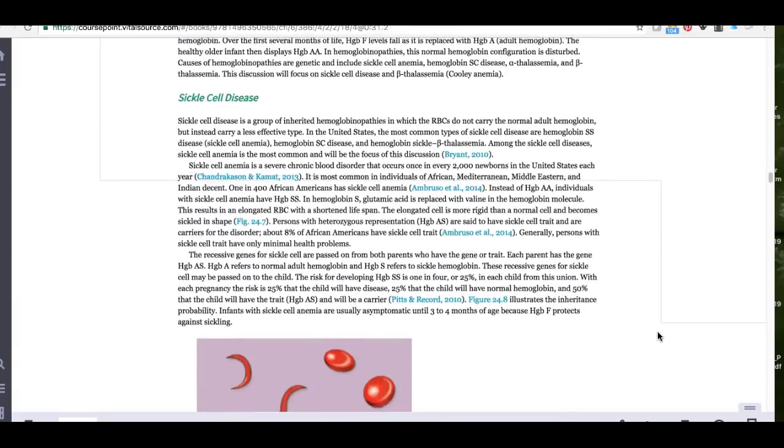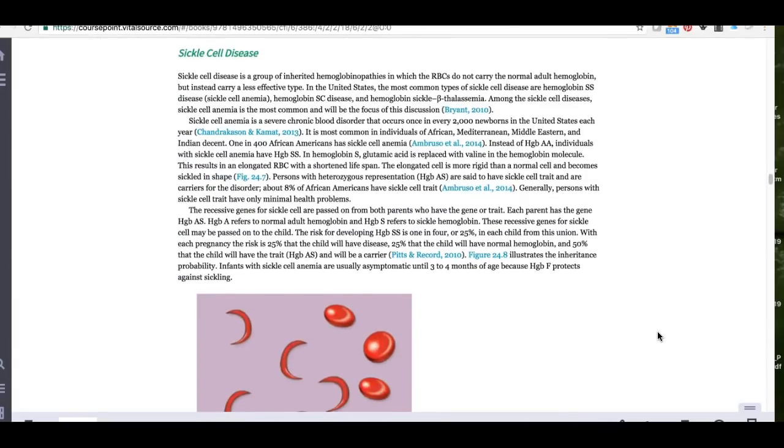Okay, sickle cell disease. Sickle cell, like I said, is usually detected on the newborn screen. The presentation usually is pain, shortness of breath.